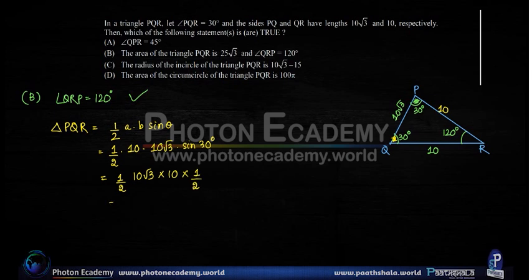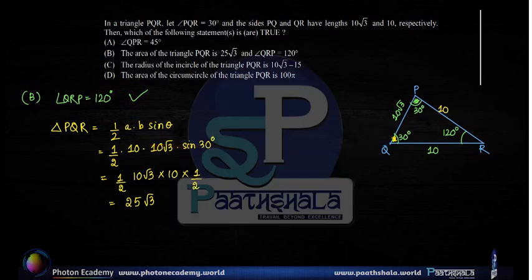Then we have this as 25 root 3, which is true in the given option. That implies option B is true.